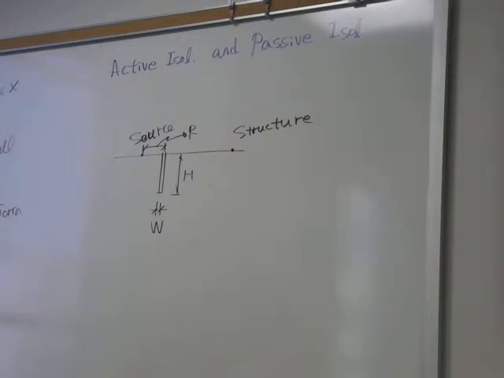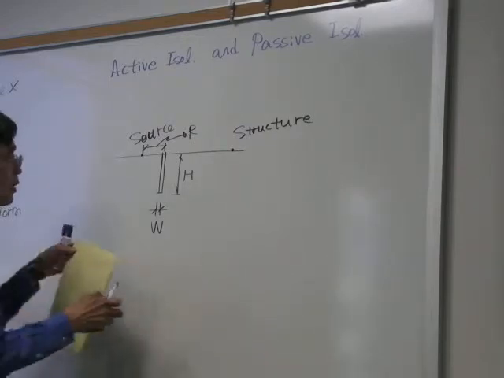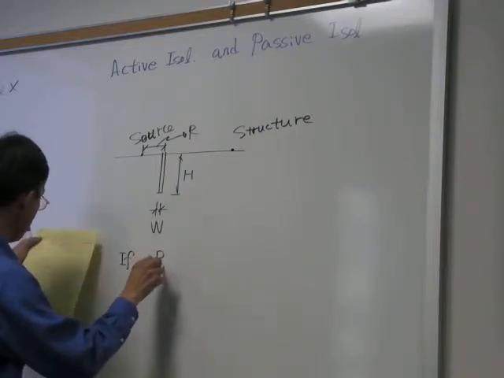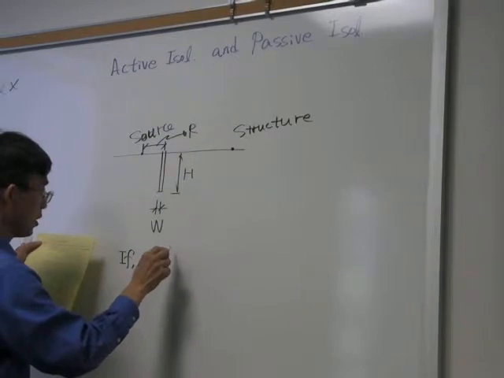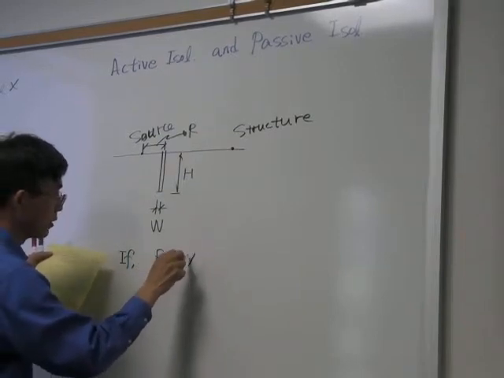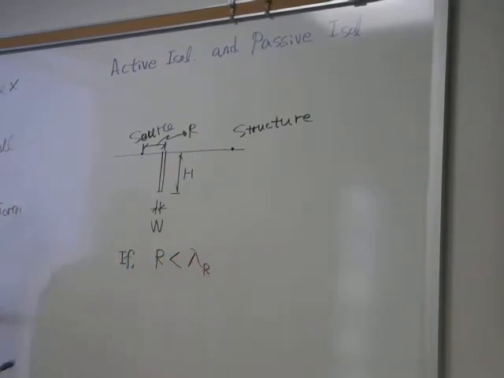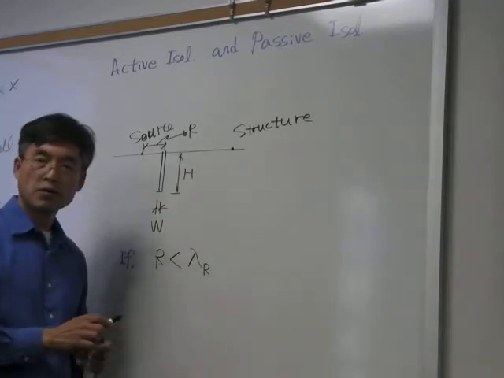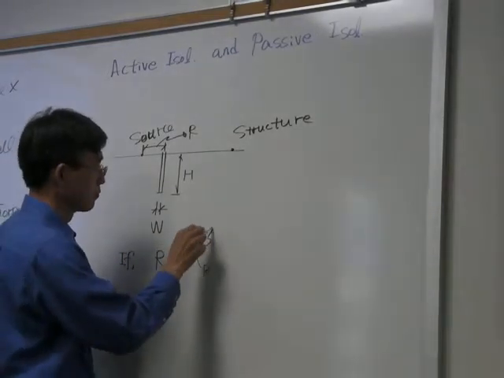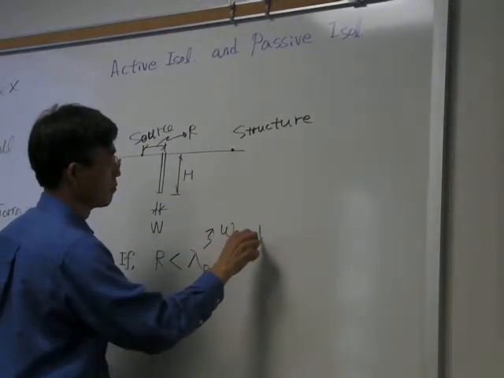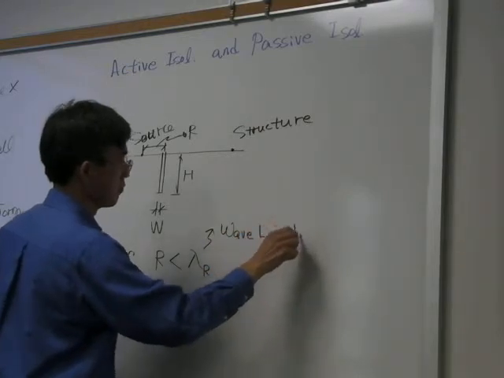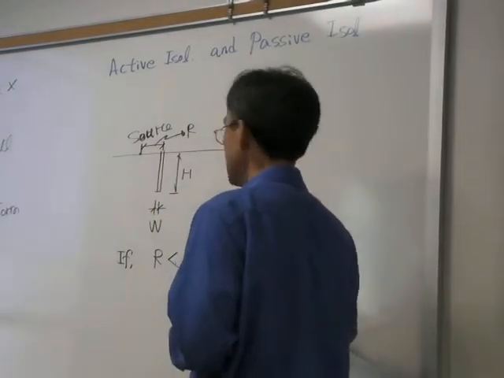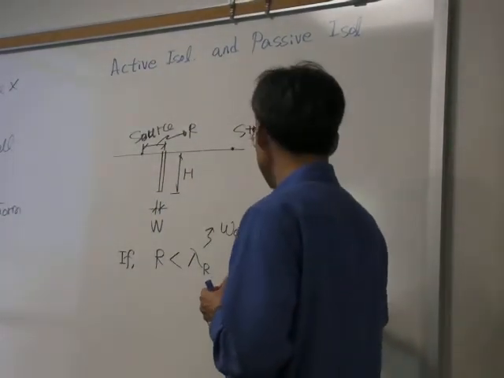Okay. And if R, this radial distance, is lower than lambda R. In dynamics, what did lambda stand for? Wavelength. Okay. Then this one is called active isolation.